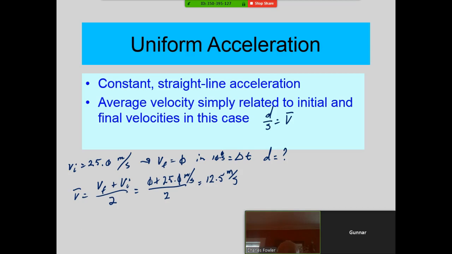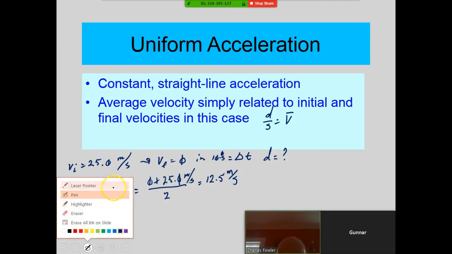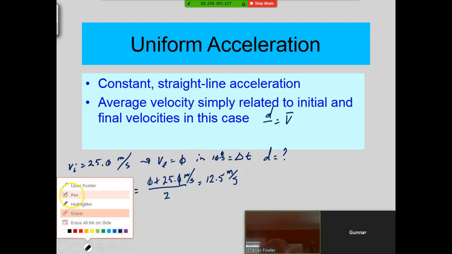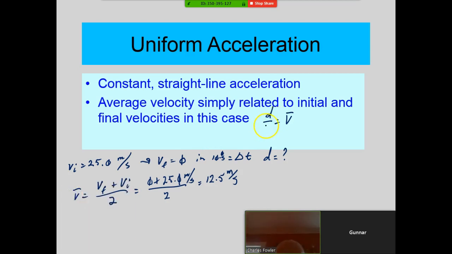Okay. Now that we have that, that's our V bar. We're looking for D. If D over T is equal to V bar, goodness gracious, you let me get away with that. You should have corrected. D over T, or delta T, whichever you want to use, is equal to V bar.